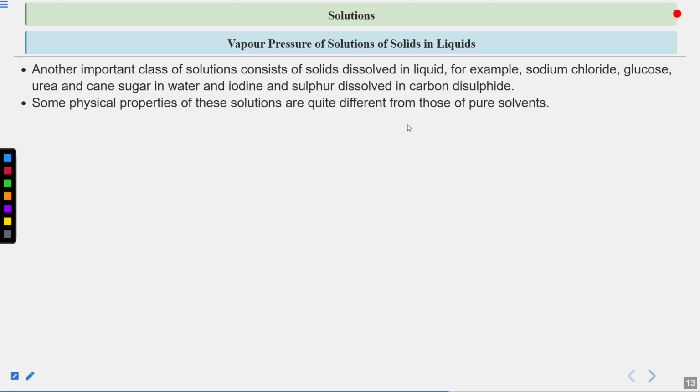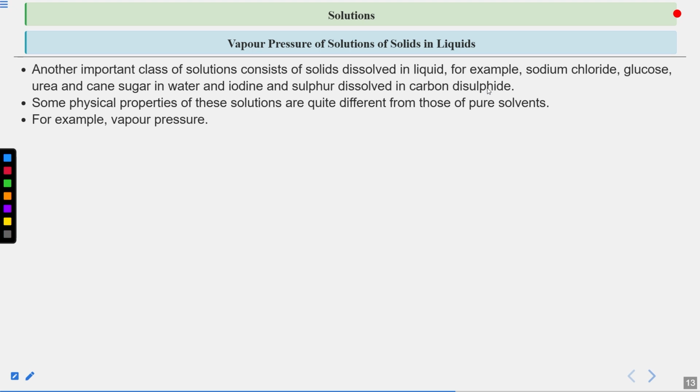So the physical properties of these solutions are different from the pure solvent. There will be a change in the boiling point, melting point, appearance, and density upon the addition or introduction of solids in liquids. And this is very obvious as the intermolecular interaction is disturbed.